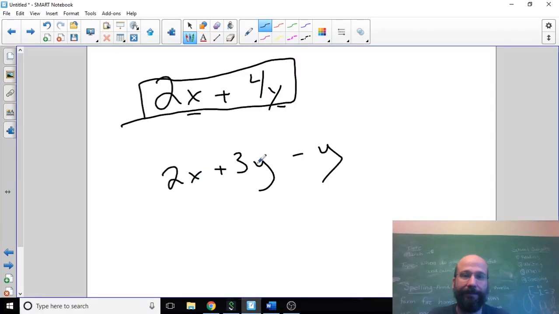This is an x, this is a y, and this is a y. So we can combine these like terms. There's nothing to do with 2x, 3y minus y, which is 1, and 1 here is imaginary. 3y minus y gives us 2y.